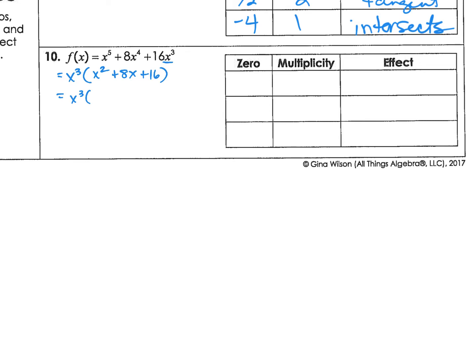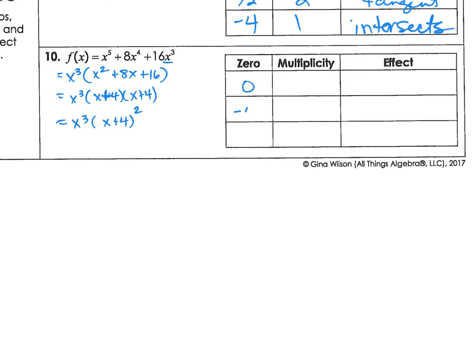Now what? Yep, x plus 4. Sorry. And x plus 4, right? Which means we now have x cubed times x plus 4 to the 2nd power. So what are my zeros?